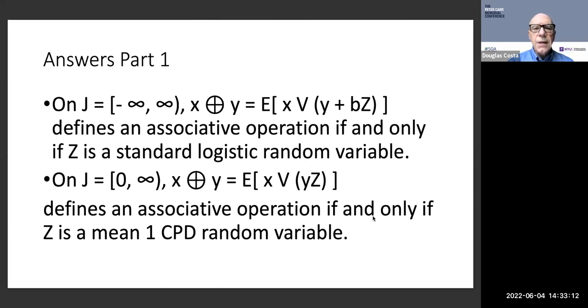The first one is that if you look at the extended real line, the whole real line, and you define the pseudo sum as the married put in the sense of expectation of maximum of x and y plus bz, where z is a standardized random variable, then that is an associative operation if and only if z is standard logistic. And on the non-negative real numbers, if you define the pseudo sum as the usual married put function, that's associative if and only if z is a mean one conjugate powered Dagum random variable.